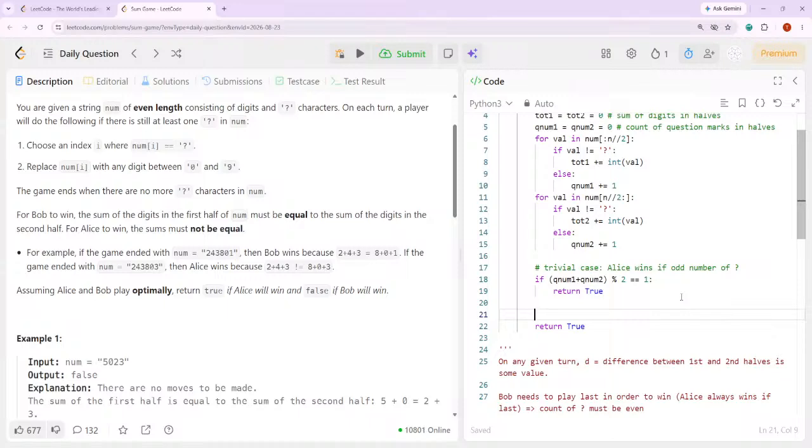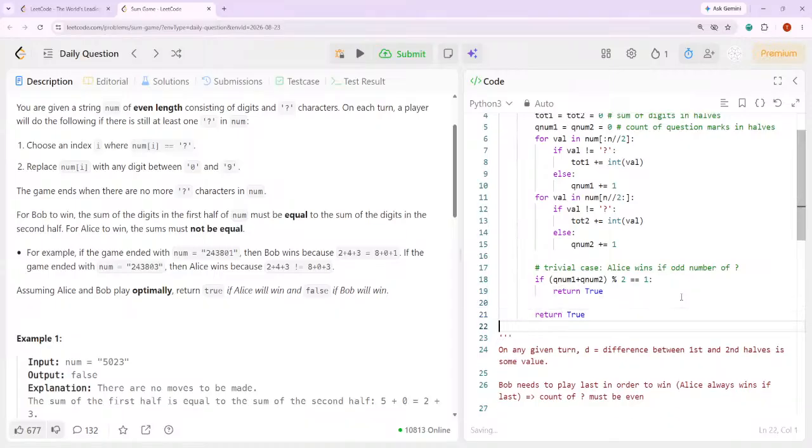I think the thing that is of concern is whether or not the difference is a multiple of 9. I think that's the only thing that matters, because at this point, it's just a multiple of 9 deal.